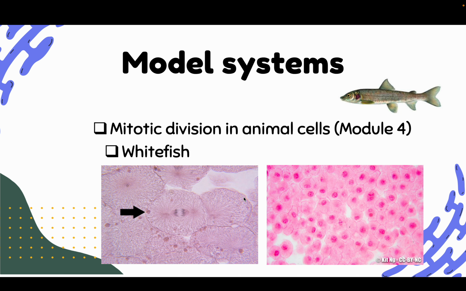Blastula means it's a ball of cells after an egg has been fertilized. An egg that has been fertilized will become a zygote, and that zygote will continue dividing, continue doing cell division.